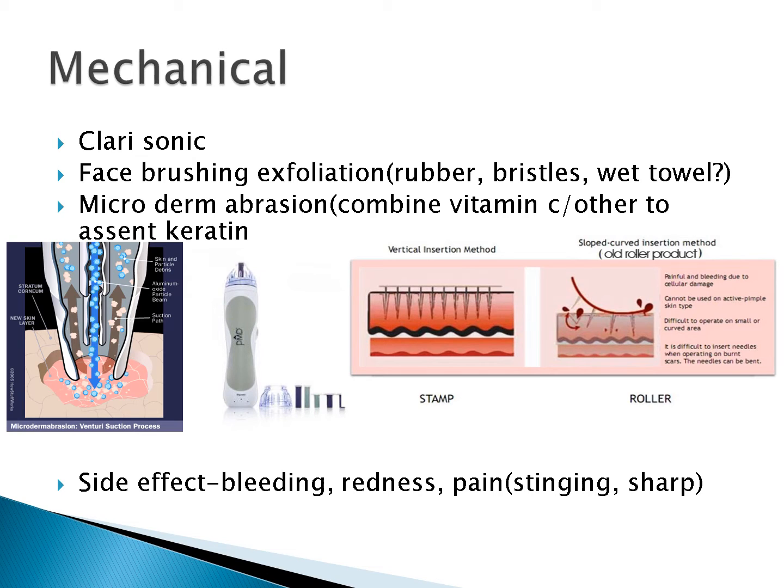There are many different forms of mechanical exfoliation. One which is fairly familiar to people is Clarisonic, which is basically a skin brush that is said to brush away the dead skin cells on your face and reveal a lighter and more rejuvenated looking skin. There are also other face brushes, things that are rubberized, things with bristles, but my favorite form of mechanical exfoliation is actually a wet towel.